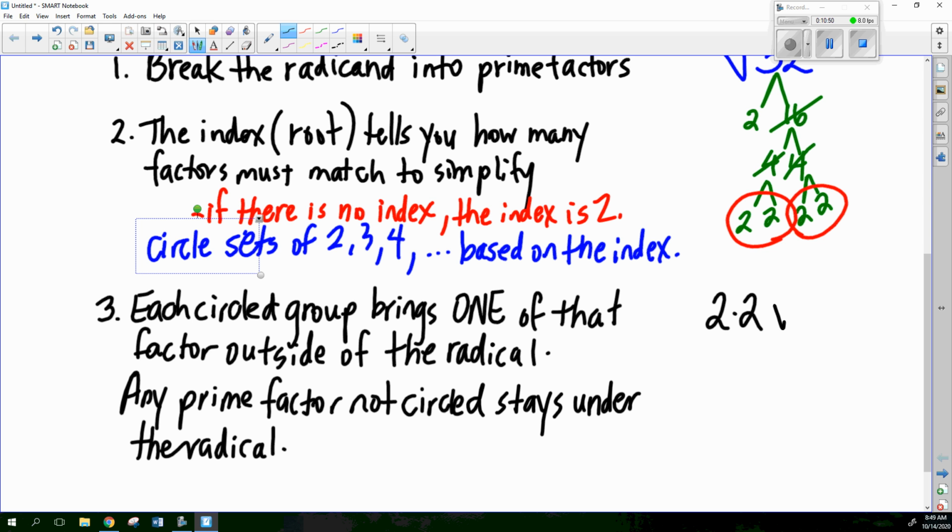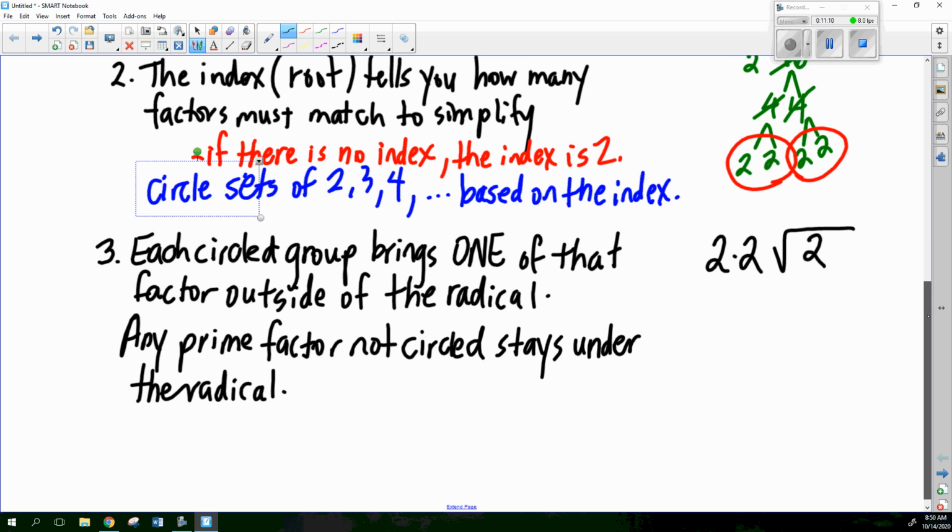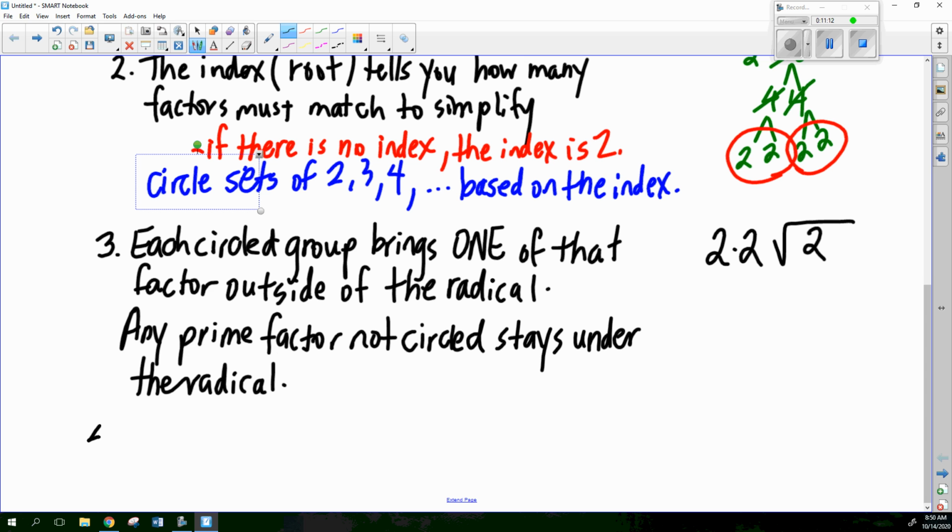And then I'm going to make my radical symbol again, and any prime factor that I didn't circle goes back under the radical. And now I just need to simplify what's left, okay? So the last step is to clean it up, if necessary.